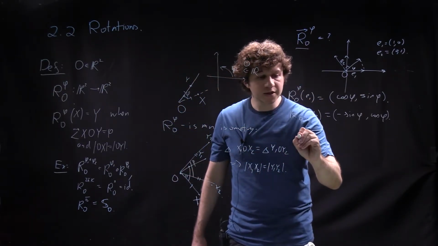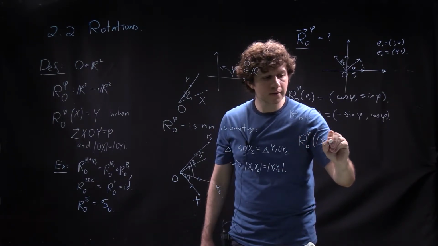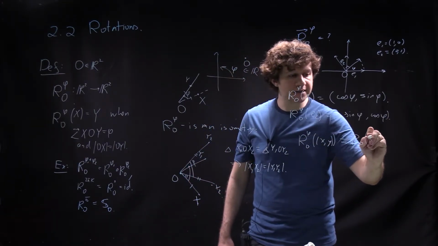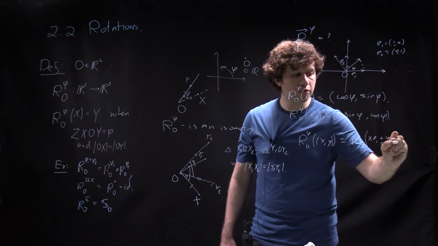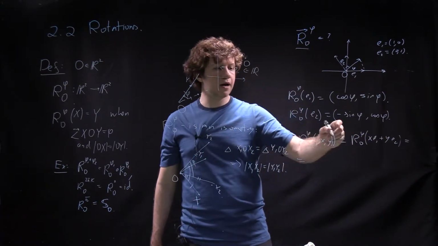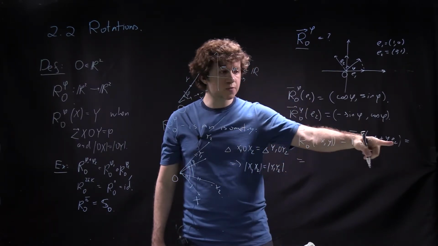What it means is that if I do a rotation of the vector (x, y), this is the same as rotation of the vector x e1 plus y e2, but an exercise before says that this map with a vector is linear.